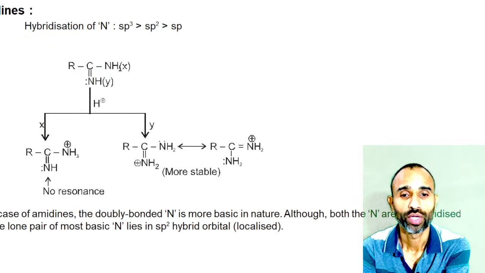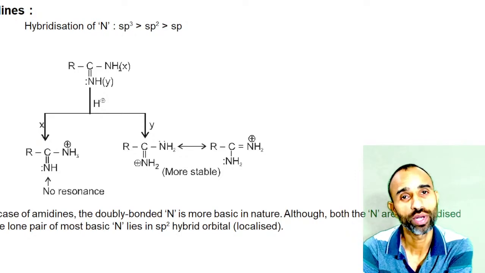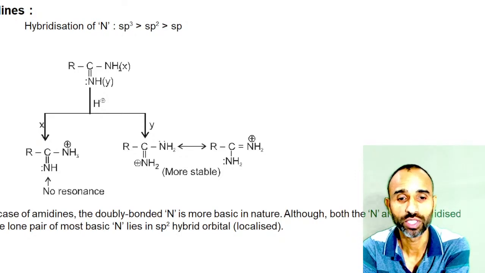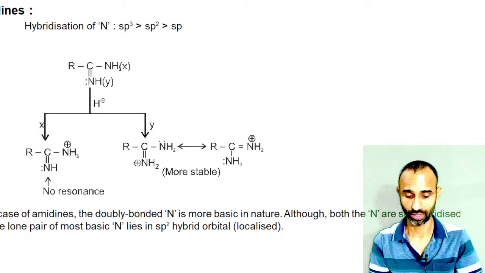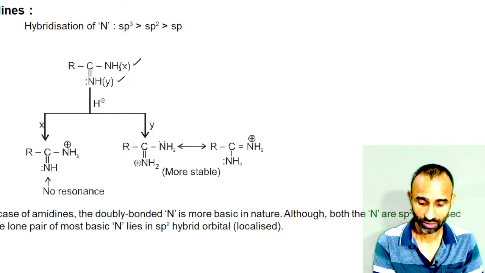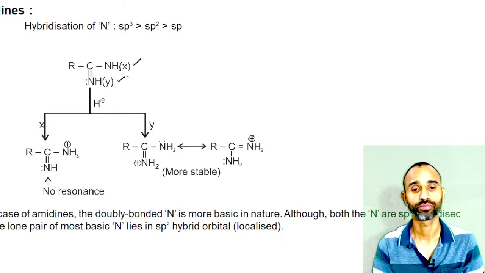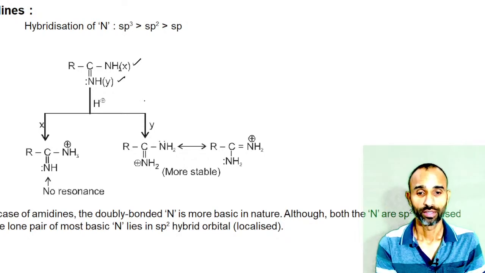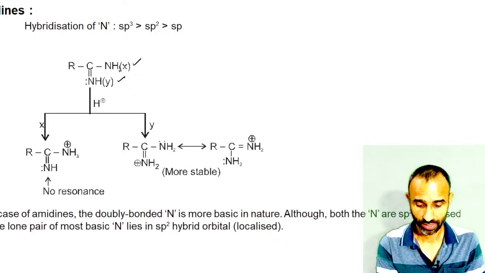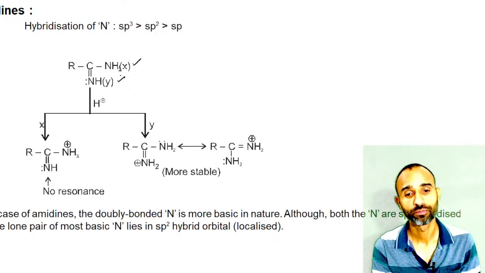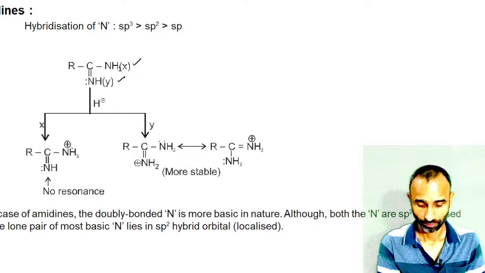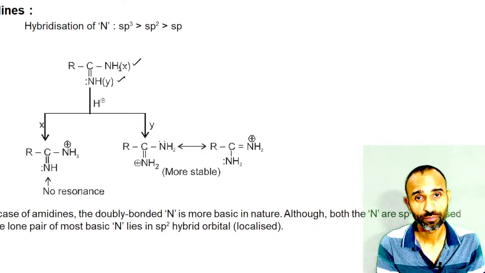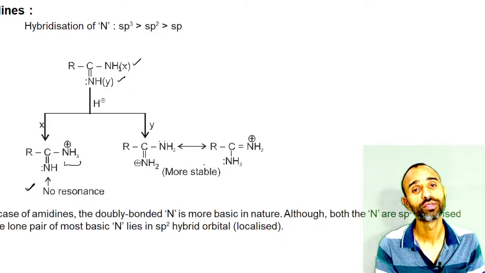Now amidines, the hybridization of nitrogen may be sp3, sp2, sp, this one, X and Y. See, if H plus ion is accepted by the NH2 group, it becomes NH3 positive, and there is no resonance at all.